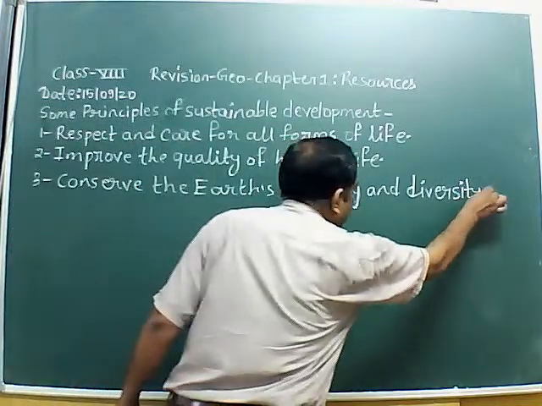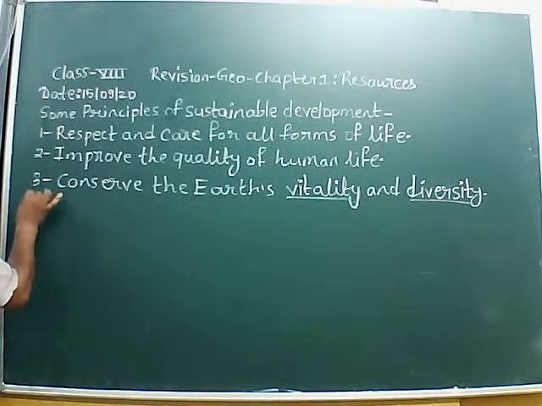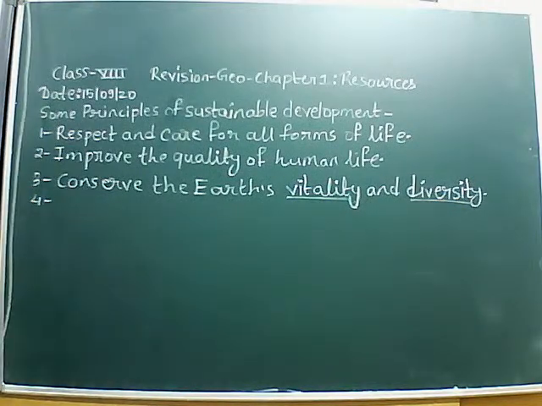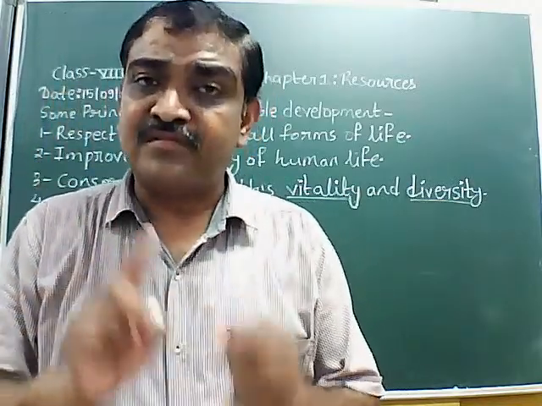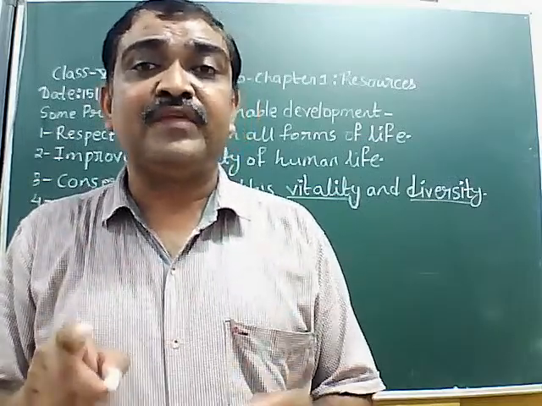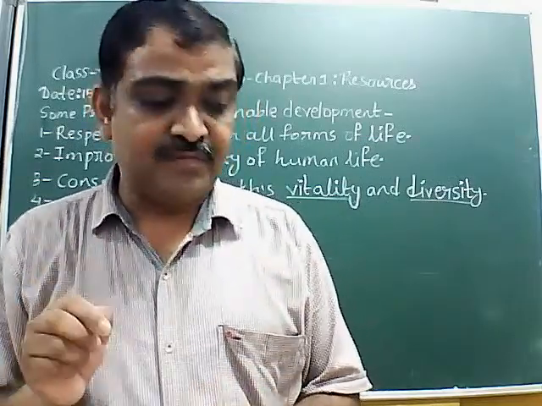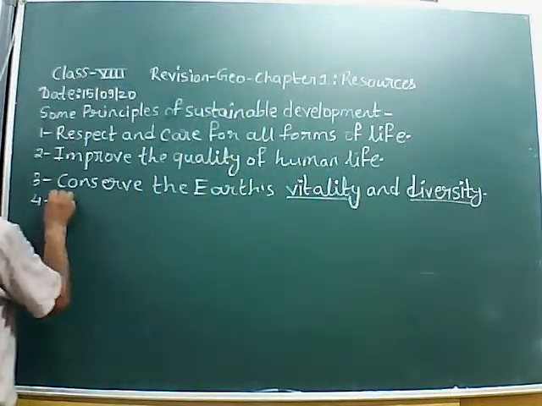So the third principle is conserving the earth's vitality and diversity. The importance of the earth must be maintained, and diversity is again related to what? The different types of life forms. Okay, then what should be done?